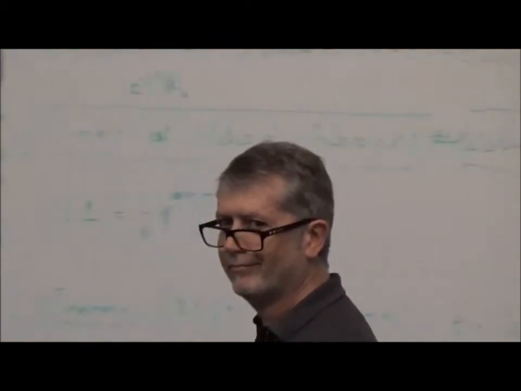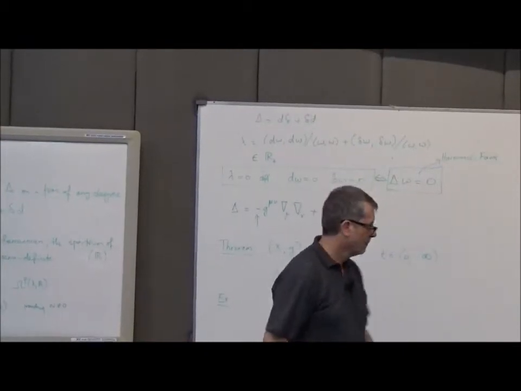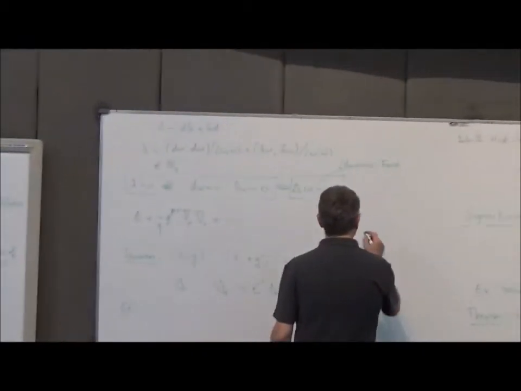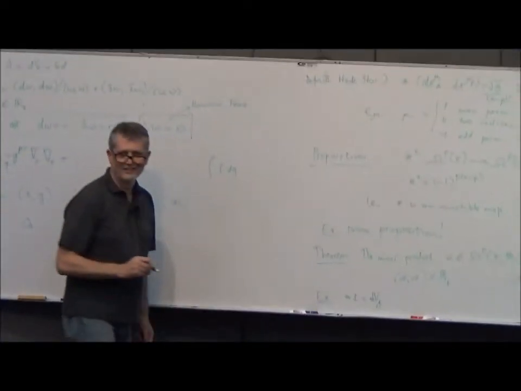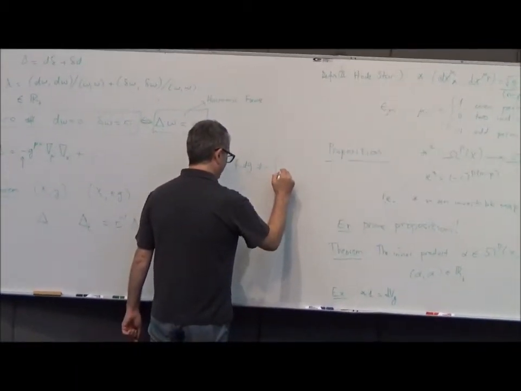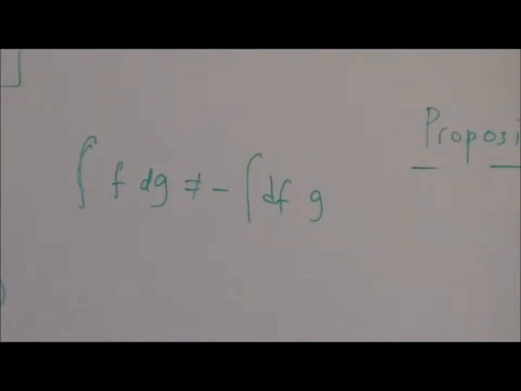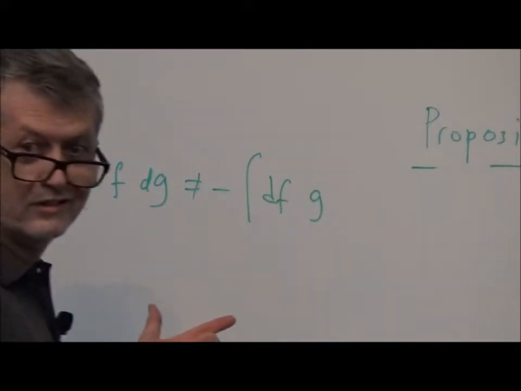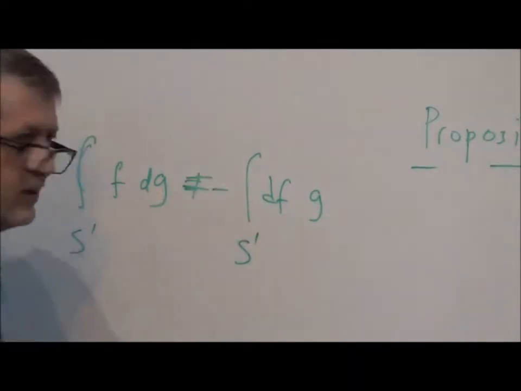In a one-dimensional integral, f dg is not minus df g unless they happen to vanish at the boundaries, or it's compact. On a circle, for example, on S1, this is an equality.